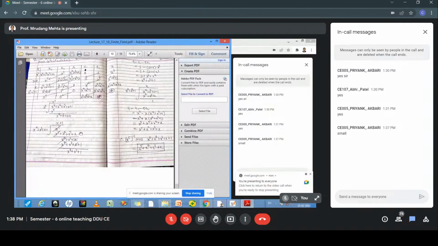So now see, as per the Euclidean algorithm, again the same method: R2 becomes R1 and the remainder becomes R2. So now our R1 is x raised to 5 and R2 is x raised to 4 plus x cube plus x plus 1. If we want to perform this division, we multiply this polynomial with x so that we get x to the power of 5, right? Then we cancel this out, because here we do addition and addition is an XOR operation.